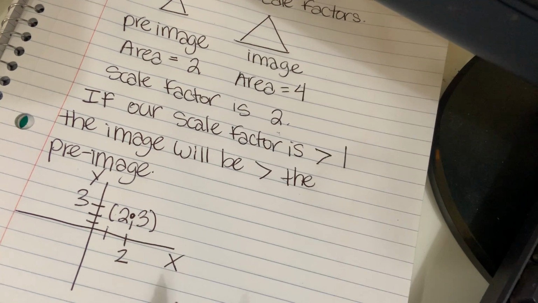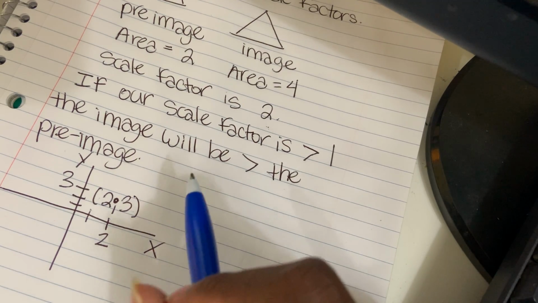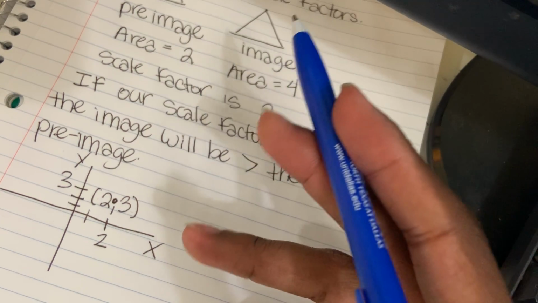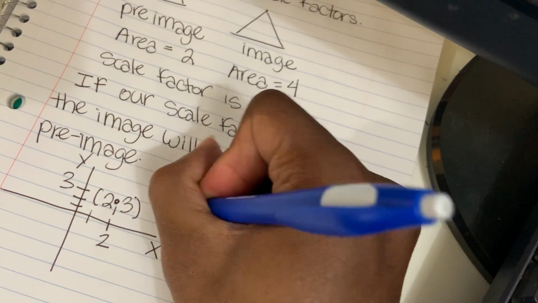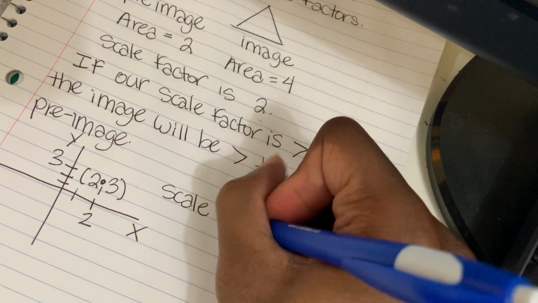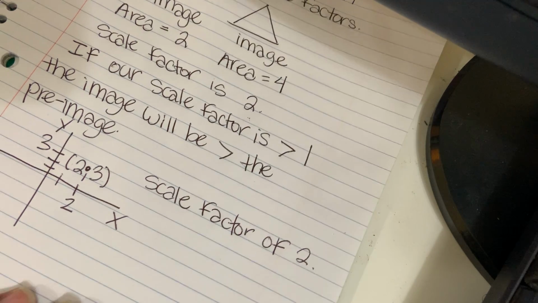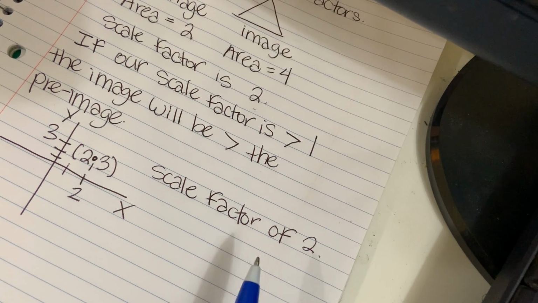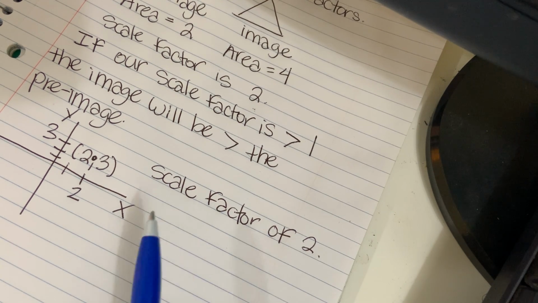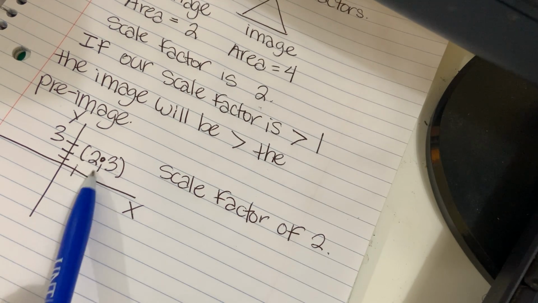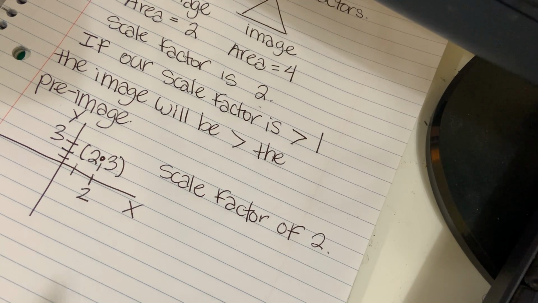Y coordinate, x coordinate. Now let's say that our scale factor that we're multiplying our ordered pair by is 2. All right? So in this case, since the scale factor is 2, we know that we're going to have to multiply our x coordinate and our y coordinate by 2.